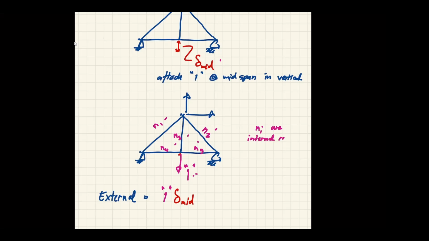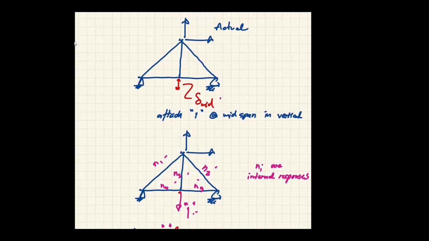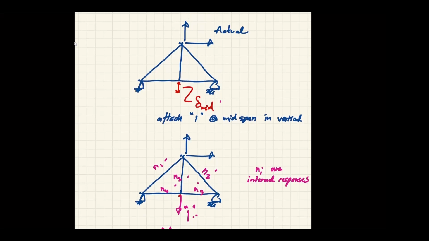Internal response to our unit load. So what would be the work of each and every one of them? The work would be this N multiplied by the internal displacement. That is now the deformation of each member under the actual load. Okay, now we go back to the actual load.